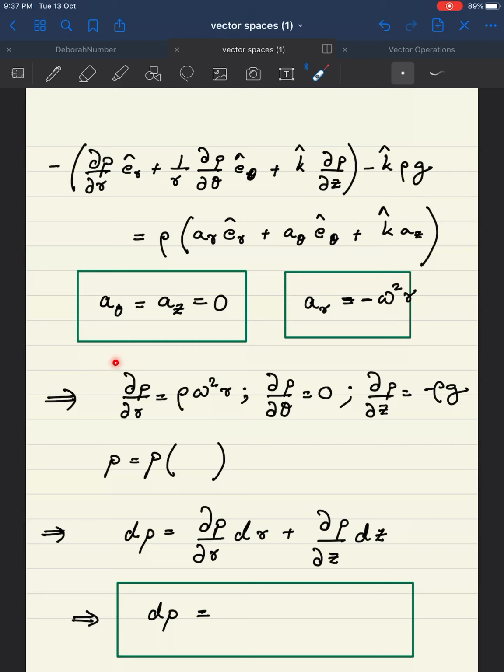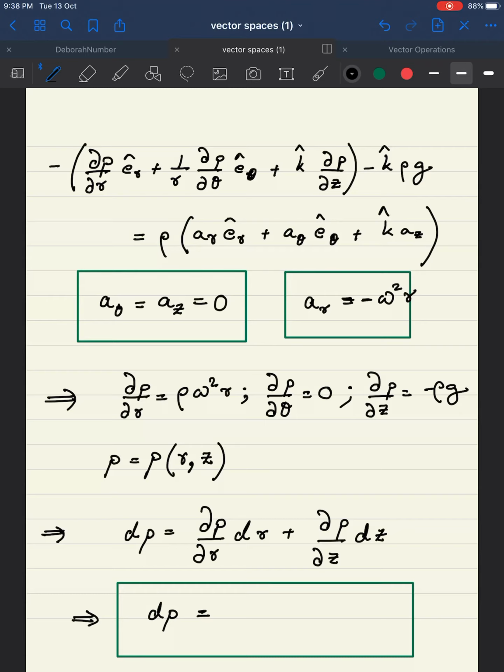So these three equations, which are the three separate partial differential equations governing p, suggest that p is a function of r and a function of z, but it's not a function of theta. So p here can now be considered as a function of only r and z.